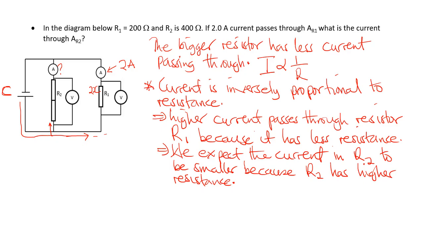So this one will be x. The reason R1 is 2x and R2 is x is because the resistance R1 is half the resistor R2. So the bigger the resistor, the smaller the current. The smaller the resistor, the bigger the current. So R1 will have 2x and R2 will have x of current.